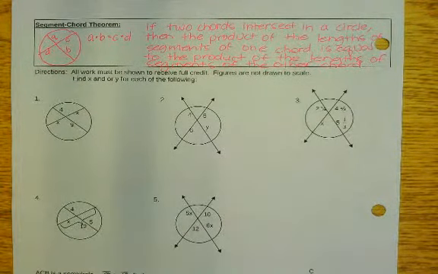So in short, part times part of one chord equals part times part of the other chord. That's it. So A times B equals C times D. That's what you just wrote in words.